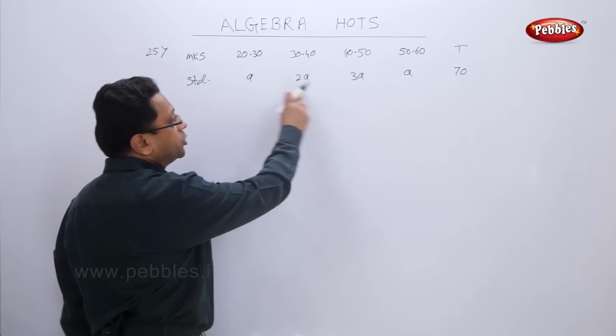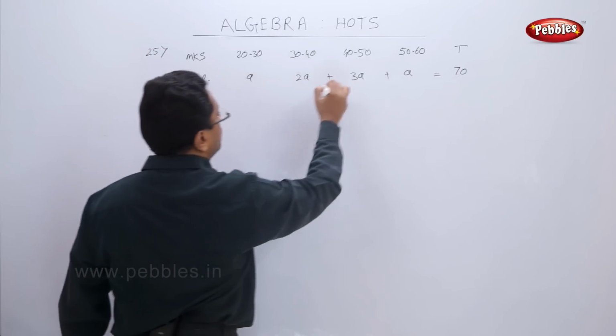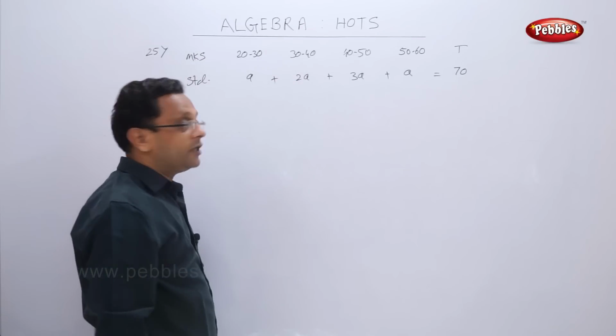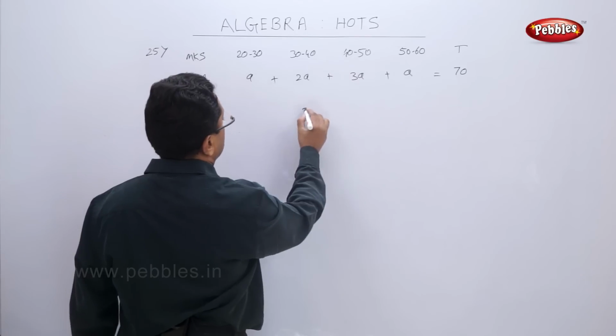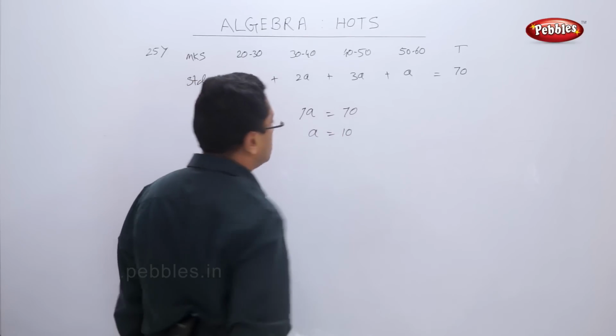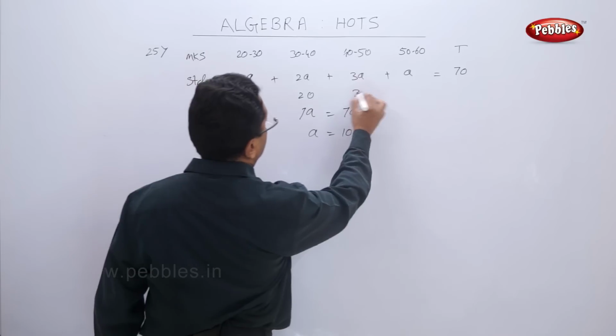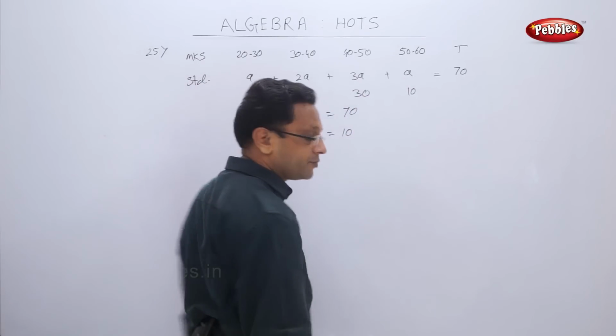So A plus 2A plus 3A plus A, if you go on adding, is equal to 70. So 7A is equal to 70, so A is equal to 10. So what is your table now? 10, 20, 30 and 10.